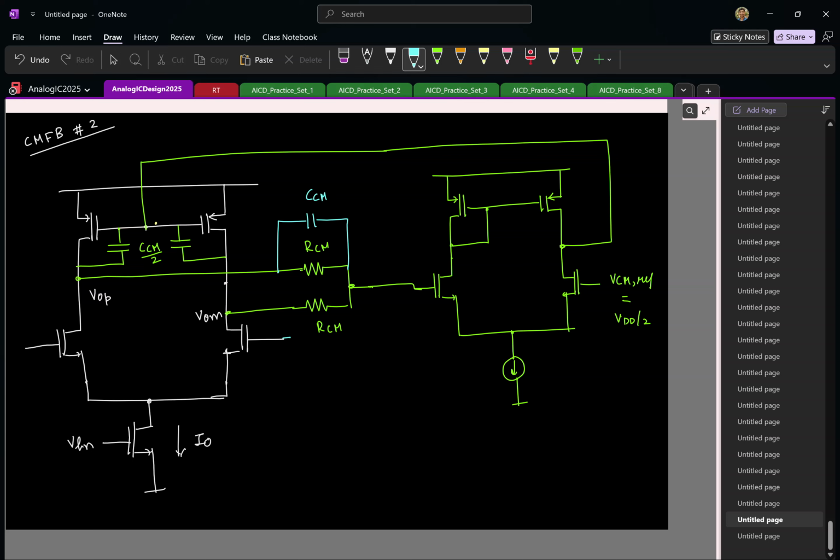Half the original value, CCMZ by 2. Here also I'll have CCMZ by 2. Again, it is not necessary that you need to have the zero. In case the gate parasitic capacitance here is causing an issue, you add this.